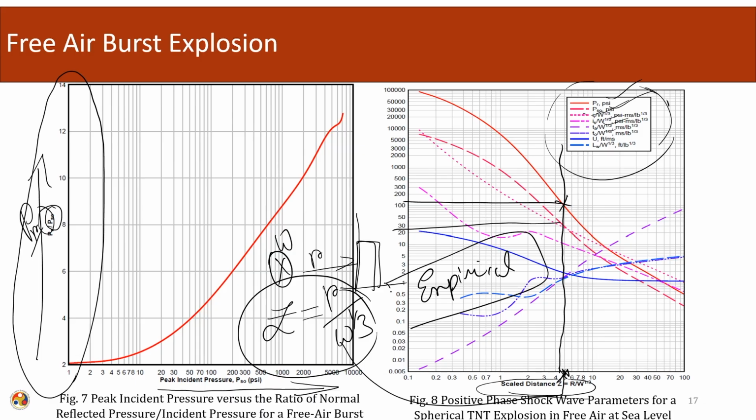The beauty of these empirical charts is that we need not go into the specific calculations or the messy design procedures, and we can have a very good estimate of the quantities. The only issue with this type of chart is that they are constructed based on an envelope of different experiments.